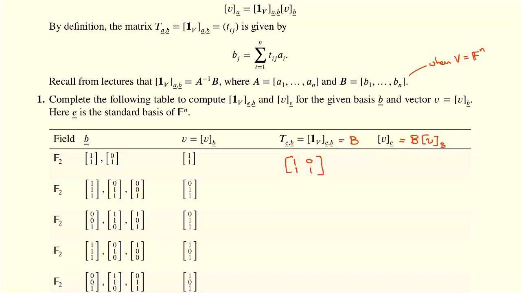You just do that for all the questions. So this is going to be 1, 0, 1, 1 times 1, 1, and that's 1, 0, because we're working over F2. Okay, 1 plus 1 is 0.